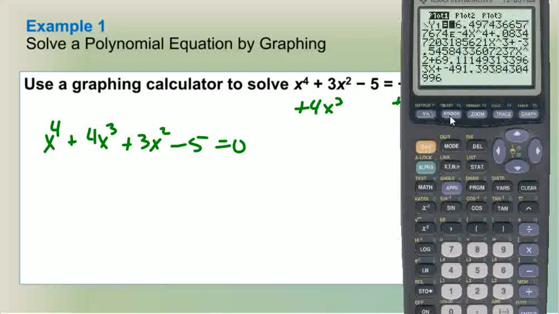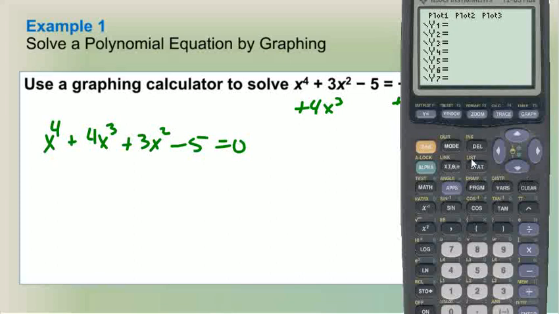I'm going to go to y equals. I'm going to turn my plot 1 off. Make sure if you have that on, the plot turns off. Then clear everything. Now I'm going to type in my equation, which is x to the 4th plus 4x cubed plus 3x squared minus 5.